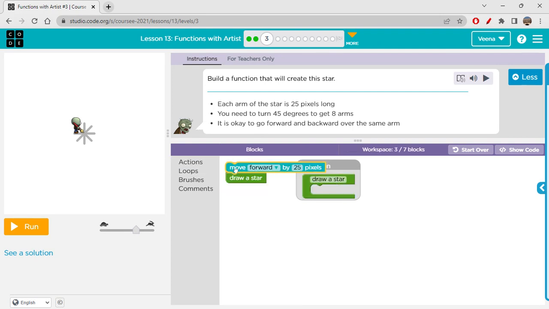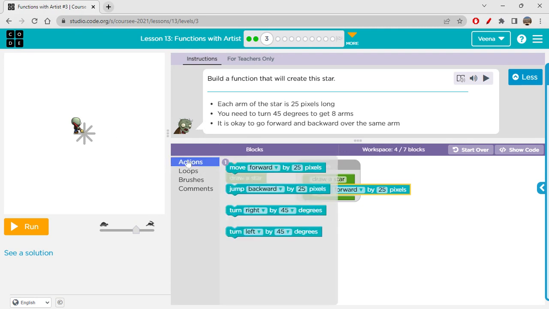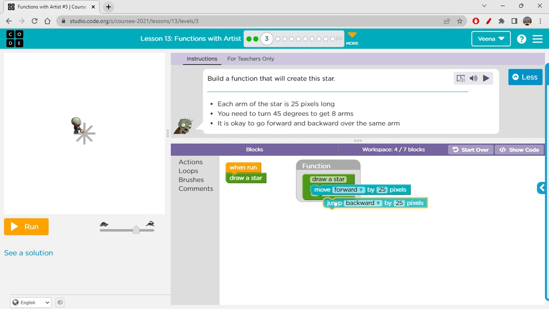First of all, we have to move forward by 25 pixels, right? And then jump backward by 25 pixels and then turn right by 45 degrees, and this will be repeatedly done.